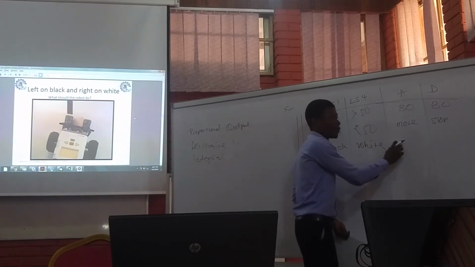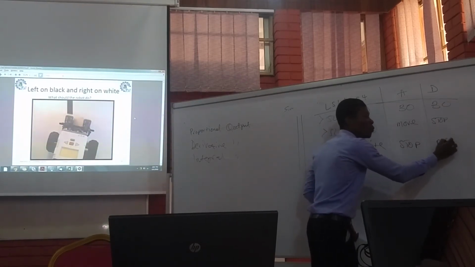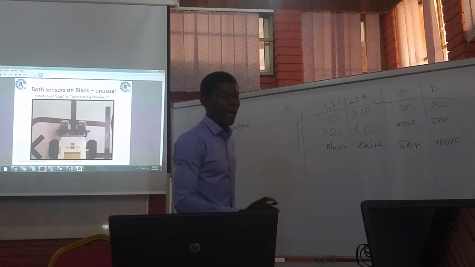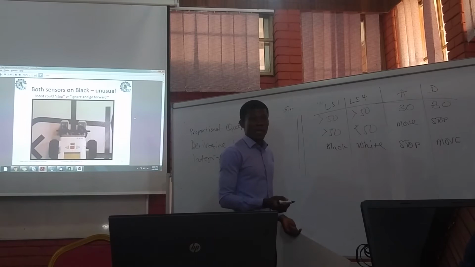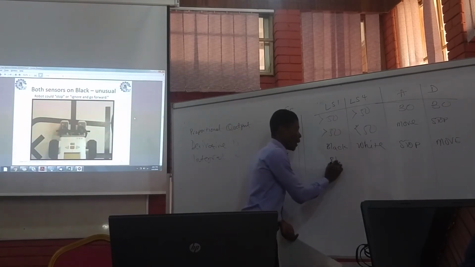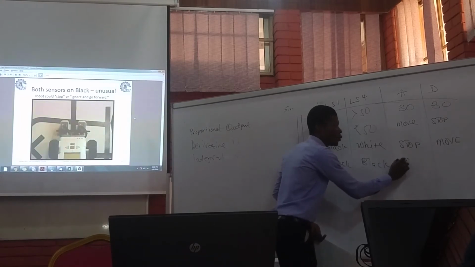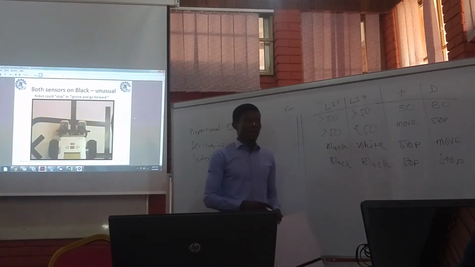A should stop and D should move. And then we could finally have a case where both of them are on the black. We decide on what action to take. So let's say black and black. We decide to stop and stop. Let's assume that's our finish line.